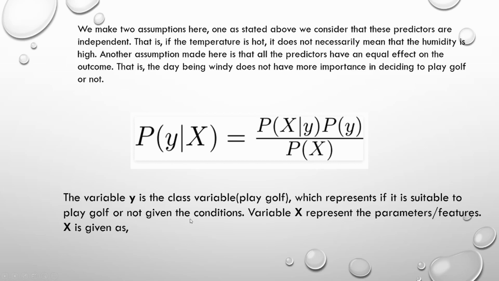So as you can see here, the variable y in our formula are the classes. In our case, it's one when you play golf, and it's zero when you cannot play golf. And then x are the features. So our features, remember, x represents outlook, temperature, humidity, and then wind. So these are the features.